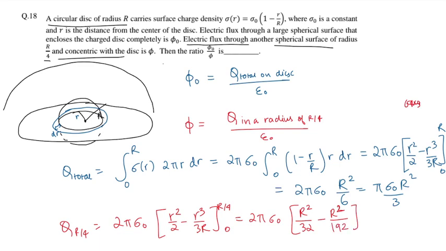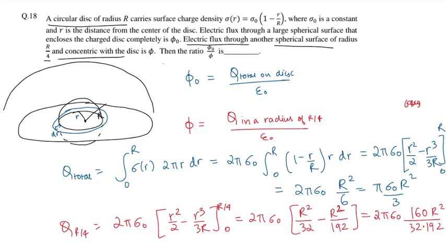Now we have to just do a bit of arithmetic here. This will be equal to 2 pi sigma naught times 160 R squared divided by 32 times 192.